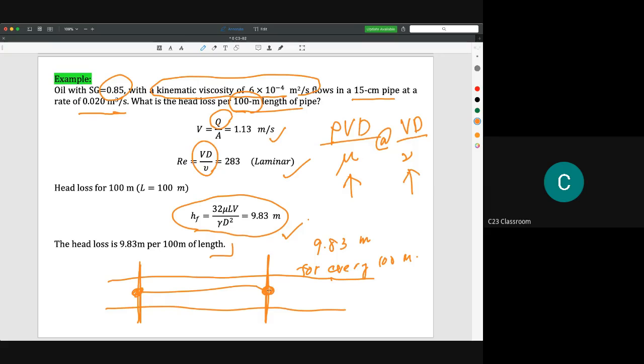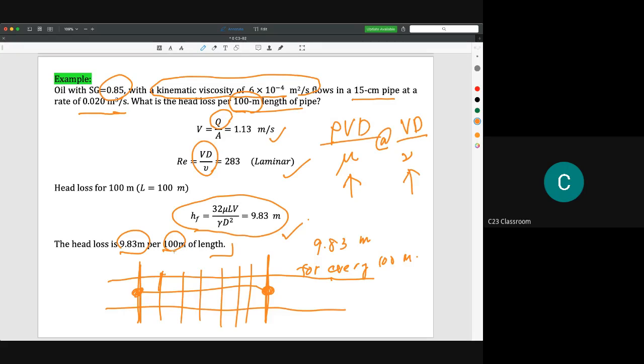On average, if we divide into 10 equal lengths, it drops 0.983 meter per 10 meters. Then for example, if you have a 120 meter length, you could straight away calculate the losses, because you know the head loss for every 100 meters. Then you could do a simple calculation to get the head loss for 120 meters.